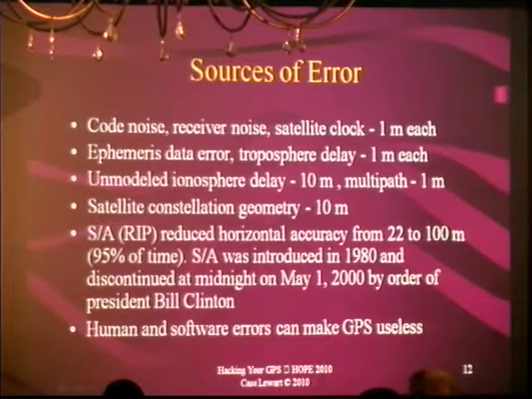The 1.5 is used by the military. You use L1, which is 1.2 gigahertz. 1.2 gigahertz is about 25 centimeters. So this gives you some feeling how the signal will propagate, how it will be reflected from buildings, from surfaces.